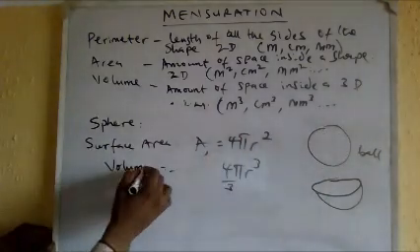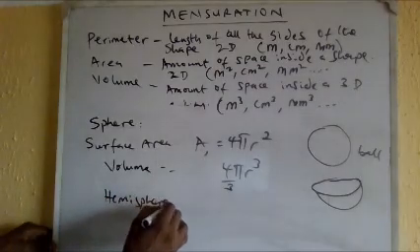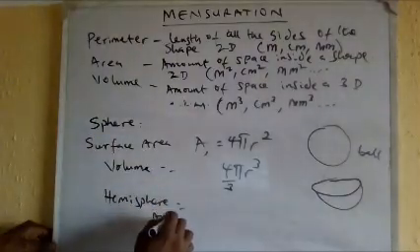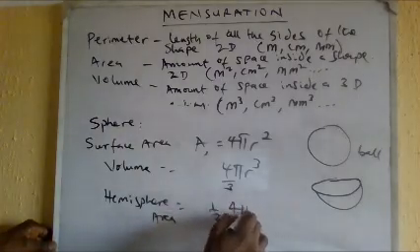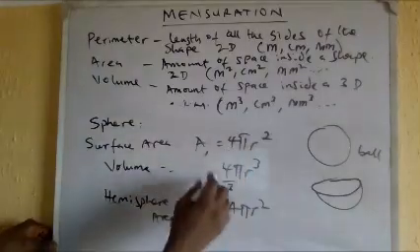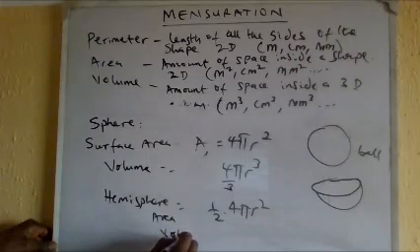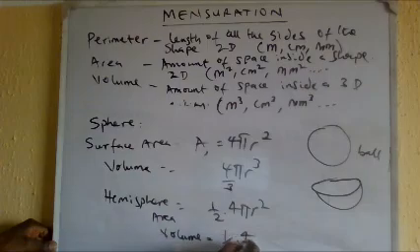So anytime you see hemisphere, if it is surface area, you are halving the surface area of a sphere, and if it is volume, you are also halving it for hemisphere.